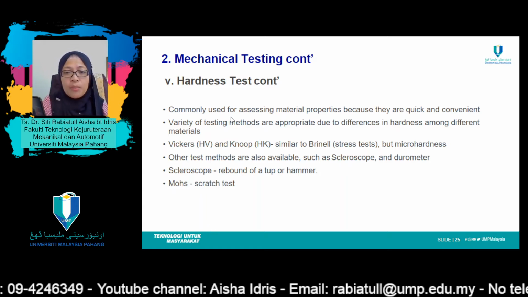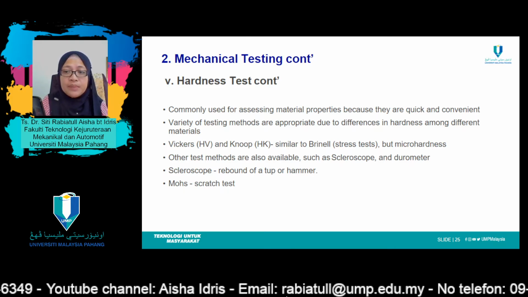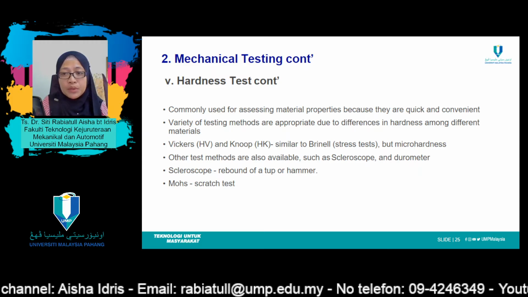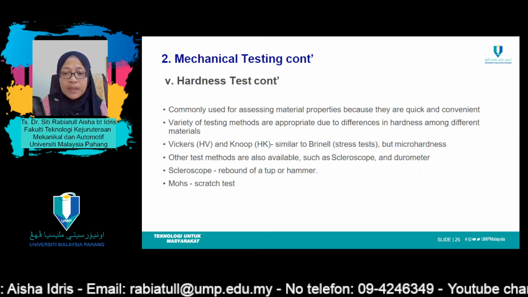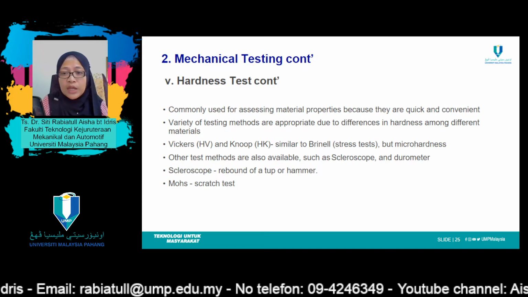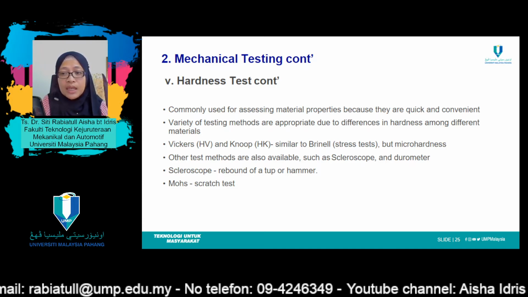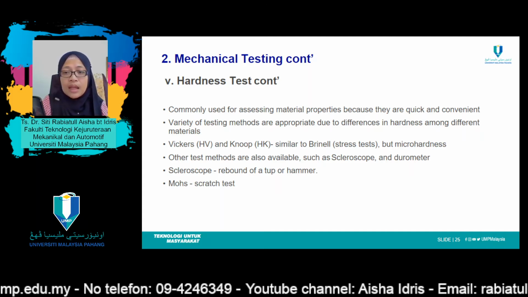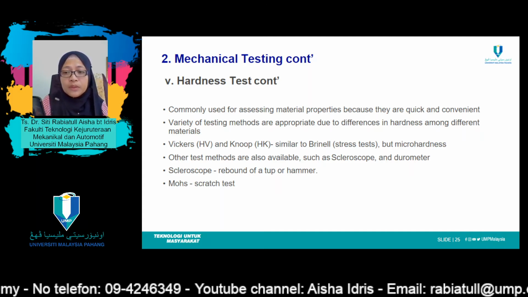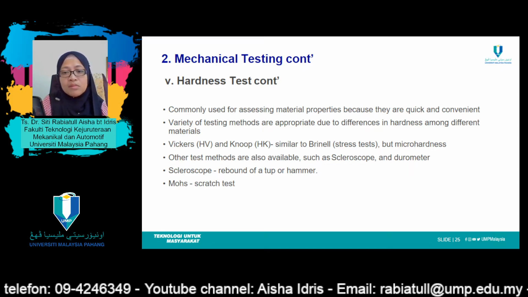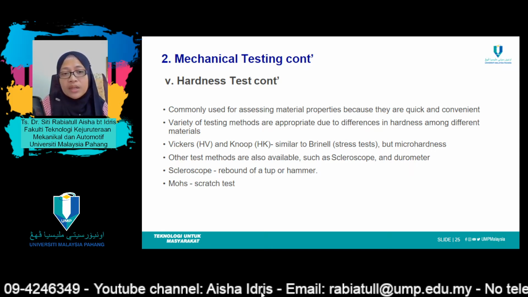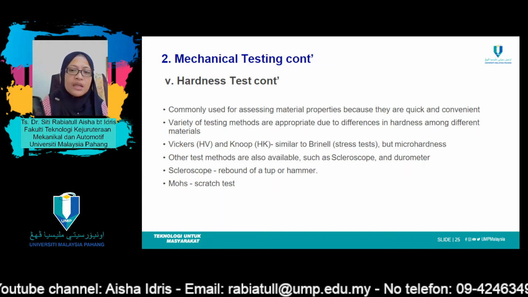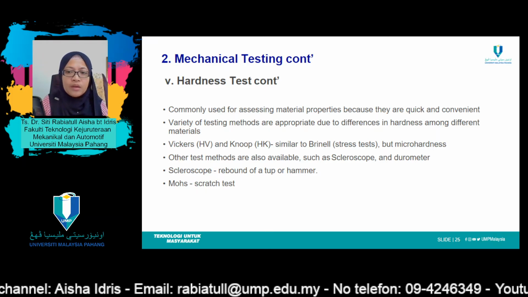Hardness tests are commonly used for assessing material properties because they are quick and convenient. A variety of test methods are appropriate due to differences in hardness among different materials. Vickers and Knoop are similar to Brinell, but at micro hardness level. Other test methods are also available like scleroscope or durometer, Mohs, and so on. But the ones covered in this subject are only Vickers hardness, Brinell, and Rockwell.